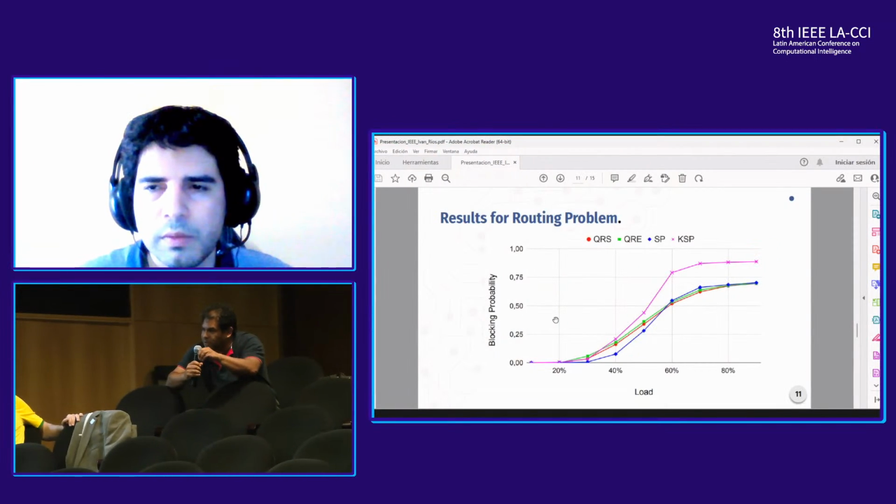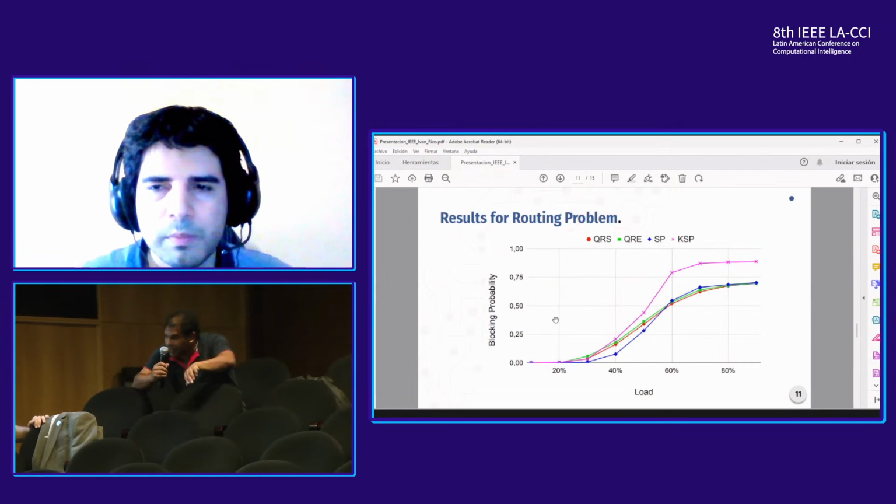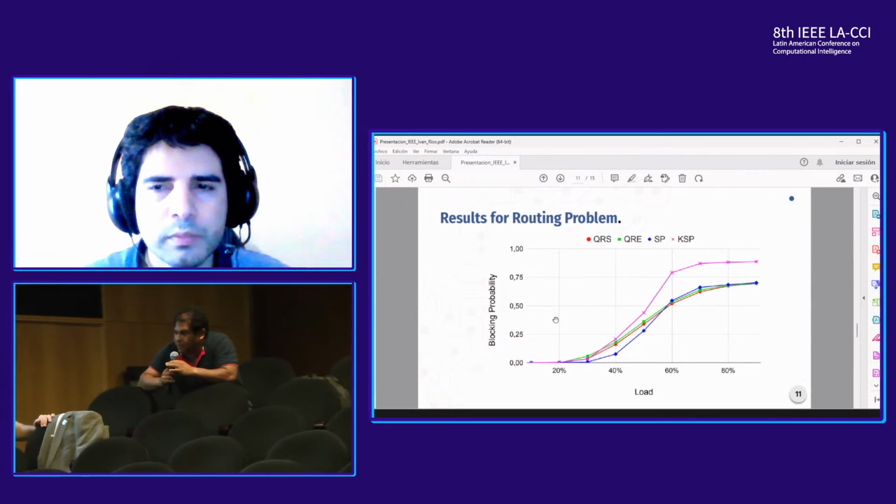The blocking is the overall workload on the network. At each time, we count what number of requests enter the network and what number is left in the network. This is the measure.